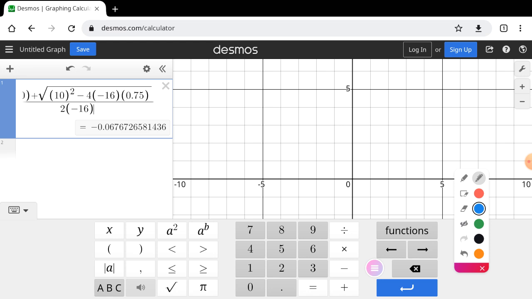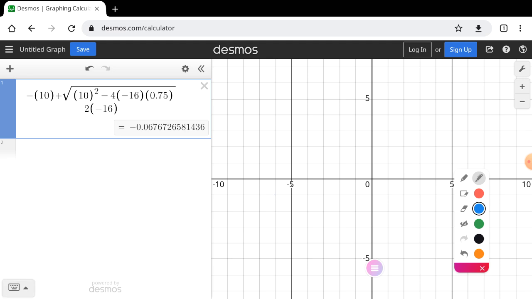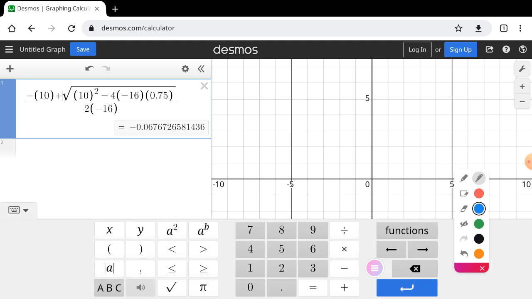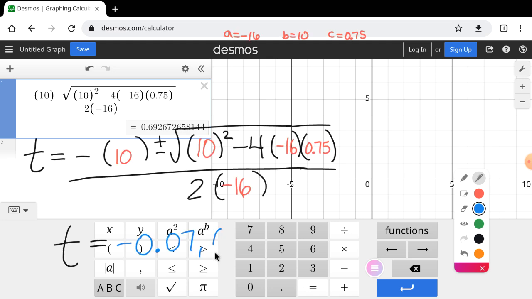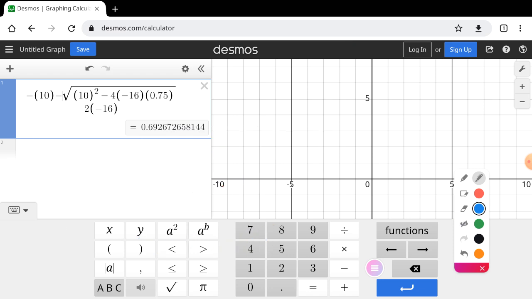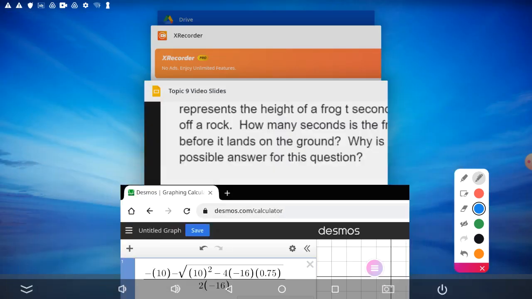Okay, and then we got to change our addition sign up here. Change that addition sign to subtraction, and we get 0.69. All right, so let's take that back to the problem.